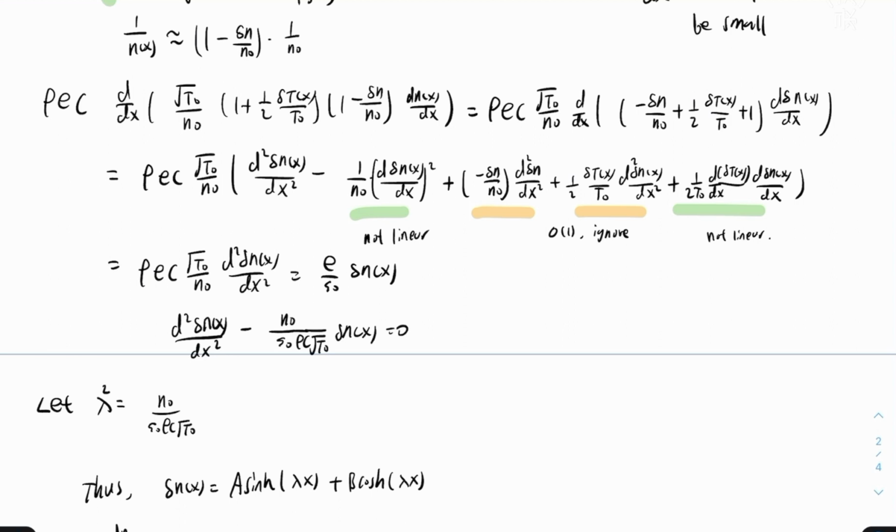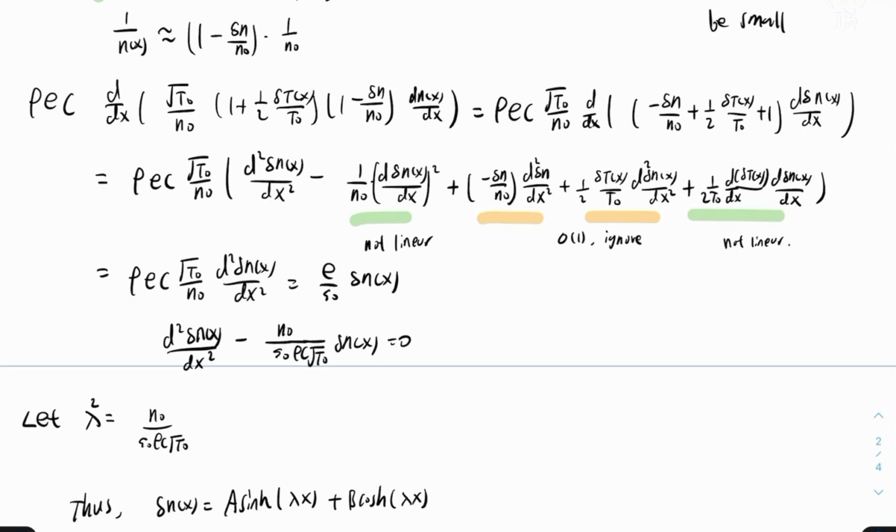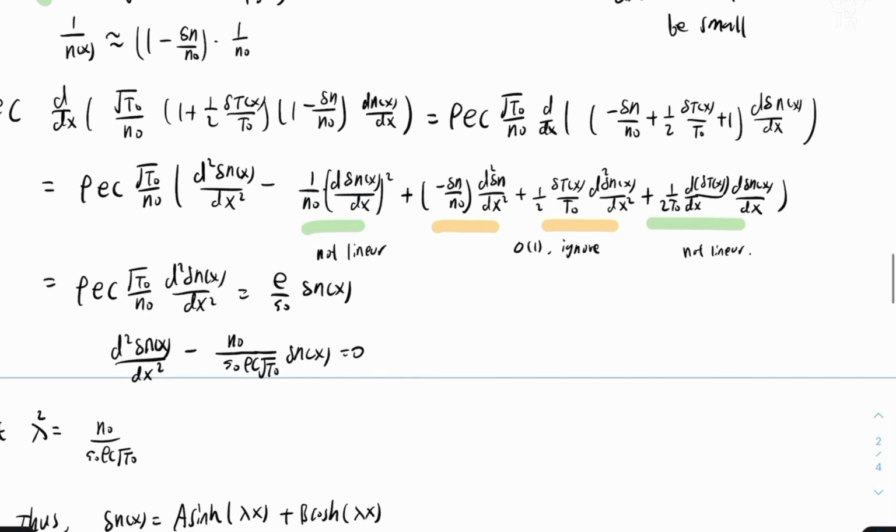And let's just take a look at each term. You can see this one is linear. It's a linear term, right? And this one is nonlinear because there's a square over here. And how about this? Compared to this term it is really, really small. Why?